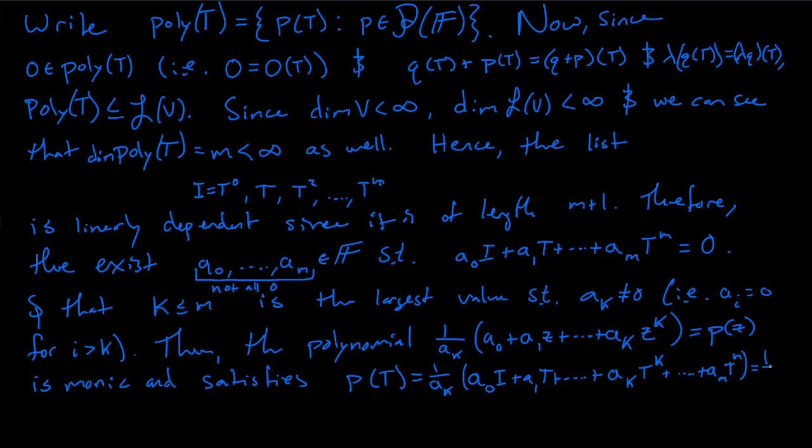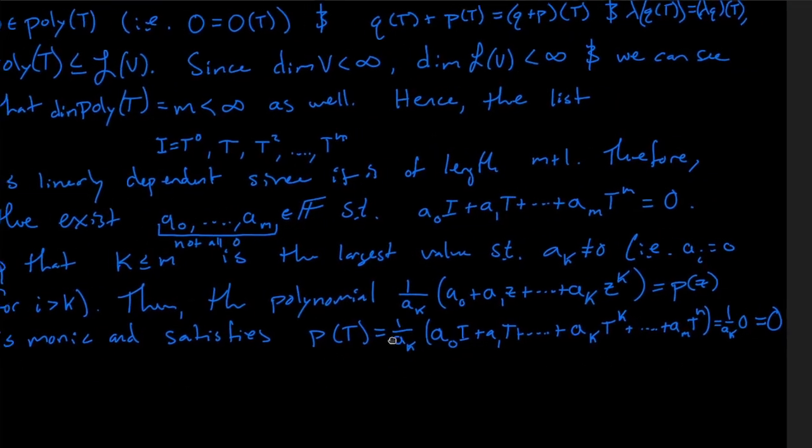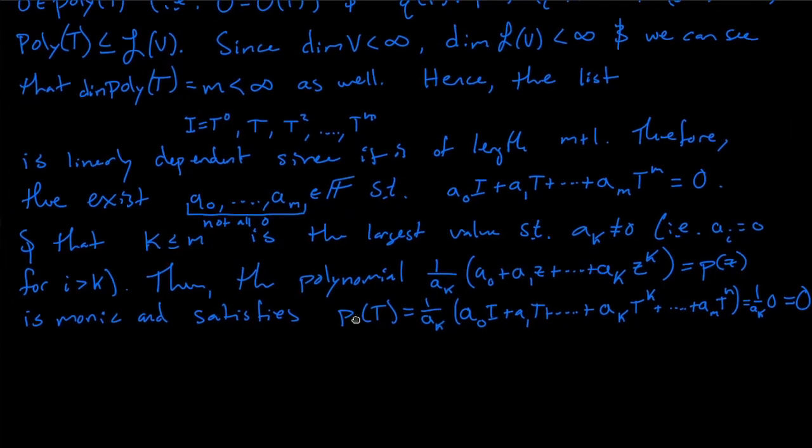This is just 1 over a_k applied to the 0 operator, so it's the 0 operator. The 0 operator is equal to p of t.